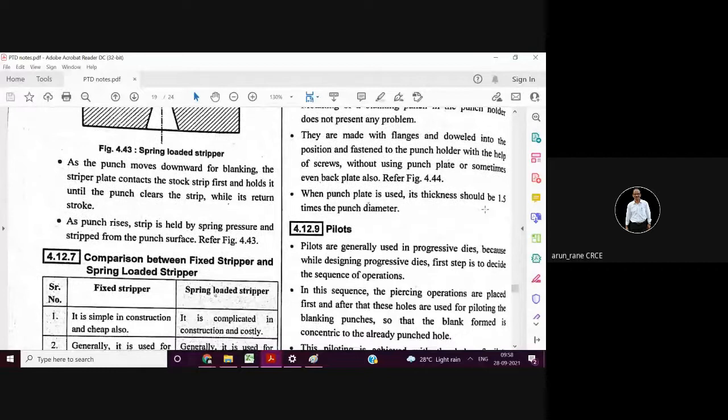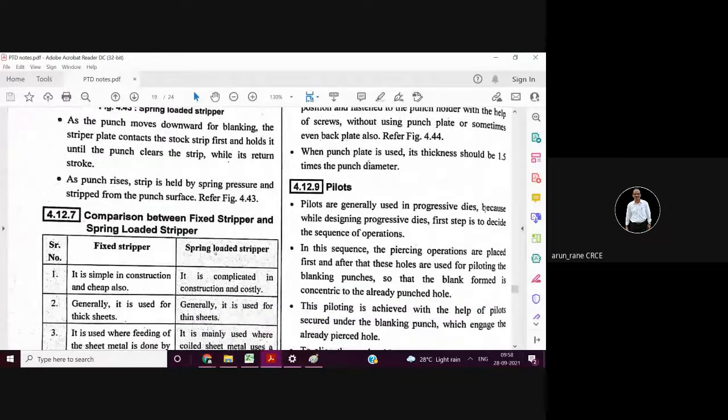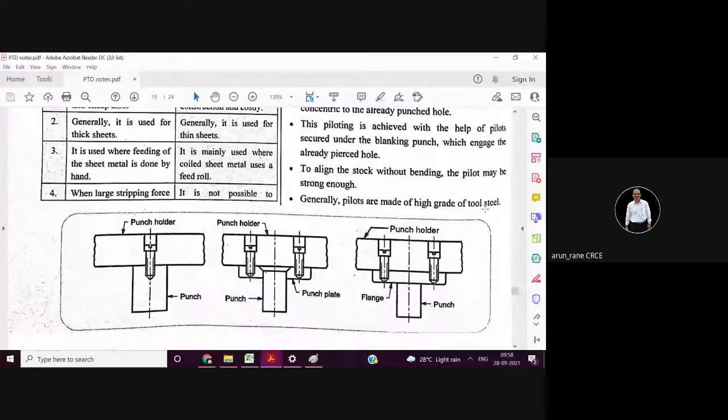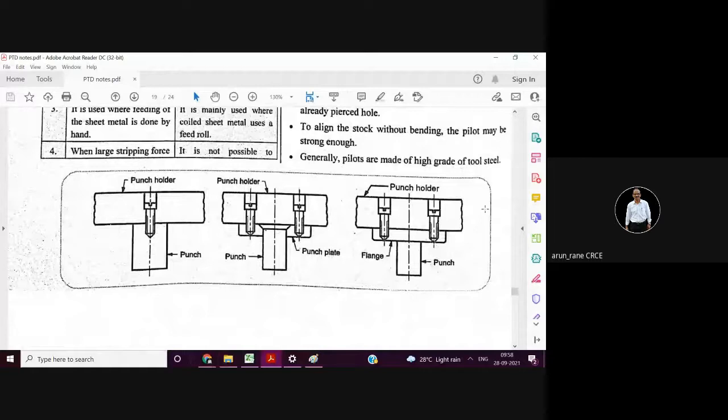Then how to hold a punch? So there are different methods. Then pilots are used in progressive die. So the pilot will locate the strip. It is always advisable that you first do the punching, piercing at the first station.